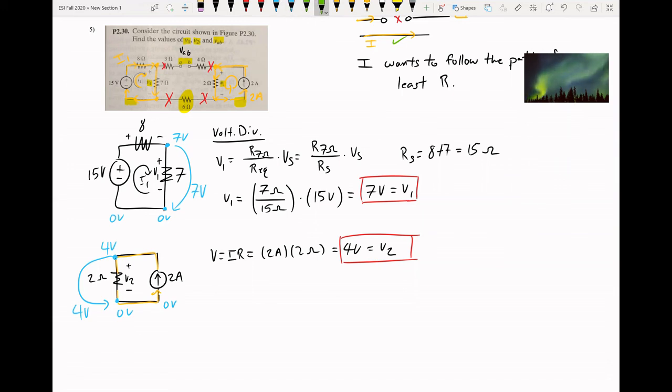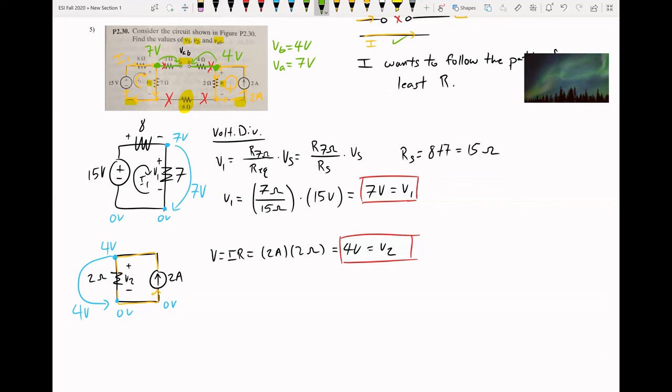So that point and that point have voltage values. This will be 4 volts, and this will be 7 volts. Since this is the same wire, V of B will be equal to 4 volts, and since this is the same wire, V of A will be 7 volts.